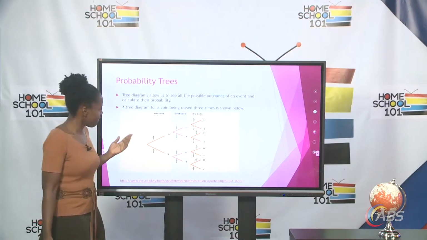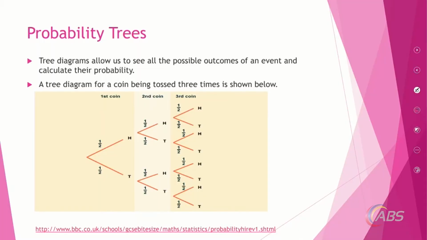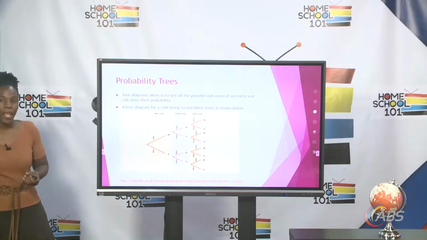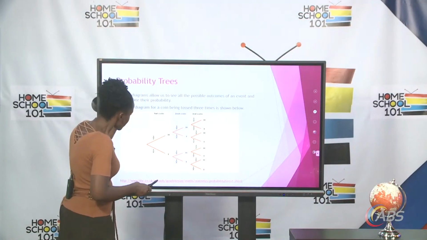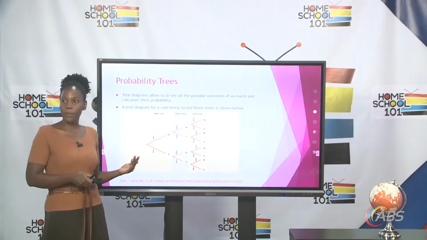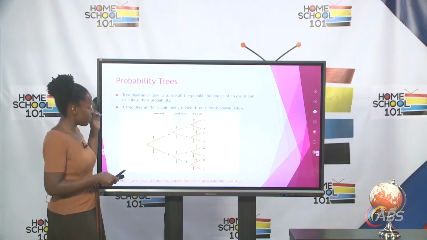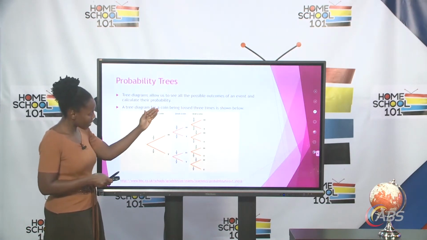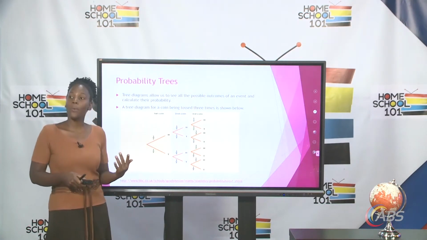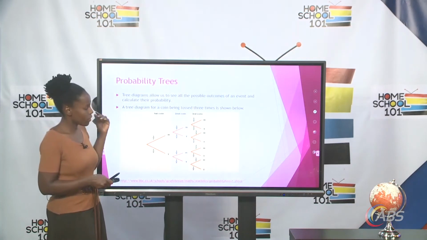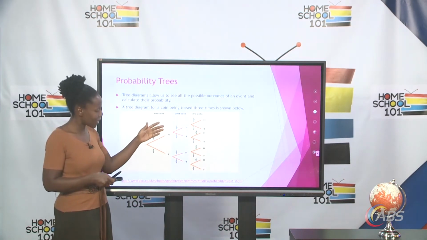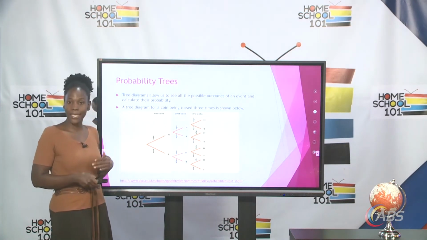We know that if we toss a coin, there are 2 options: we would simply get heads or tails. So when we toss a coin once, there are 2 possible outcomes. Either we get a head or we get a tail.